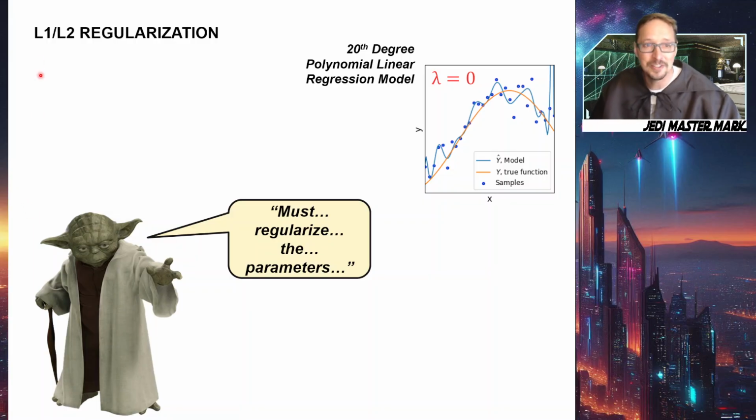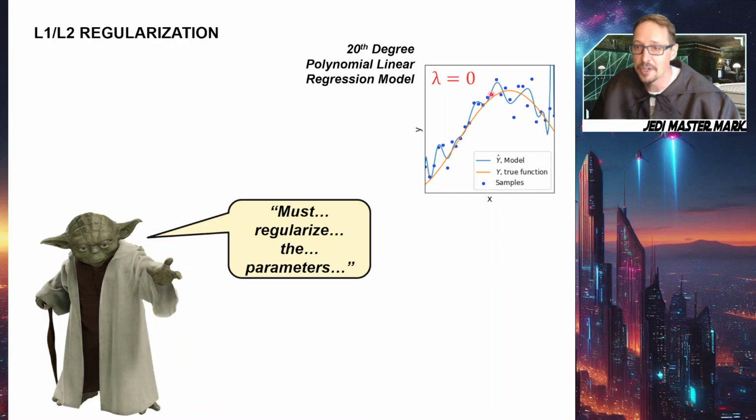Okay, so we're going to get into what L1 and L2 regularization is, but let's go back to the example from the variance versus bias trade-off. So we had this true function, now shown in orange here, and then I chose a number of different data points along this and added noise to them. So that's what you see with these blue dots.